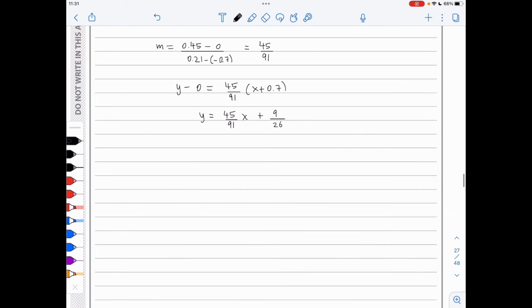Now recall that we have found that log of capital T base 10 is B log L base 10 plus log of A base 10.